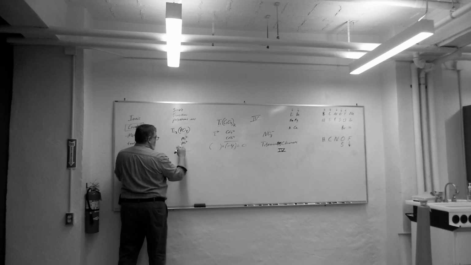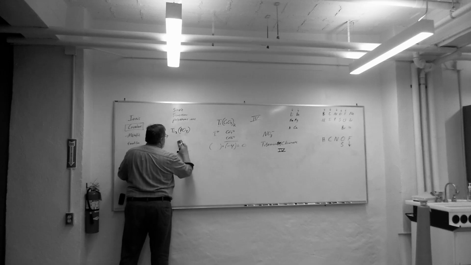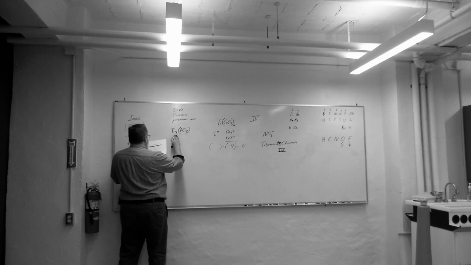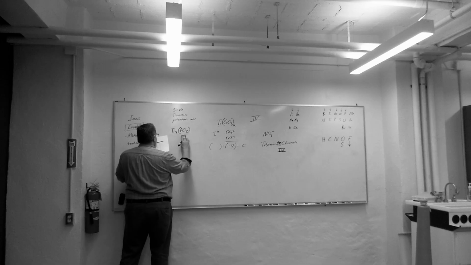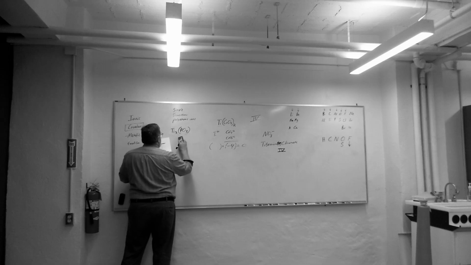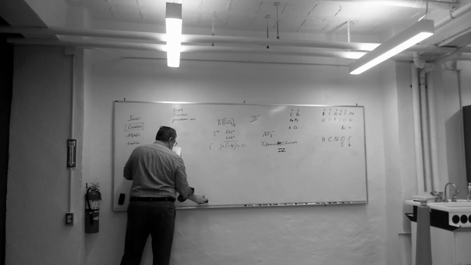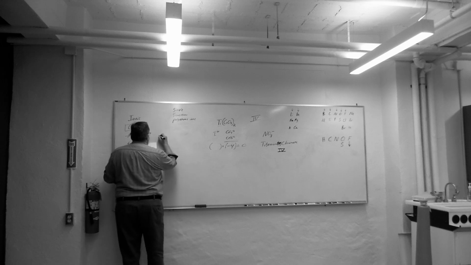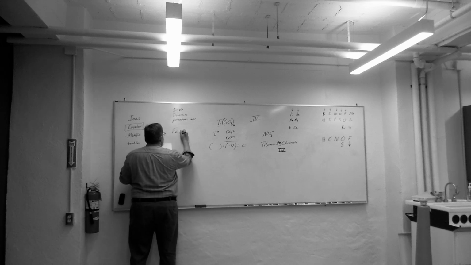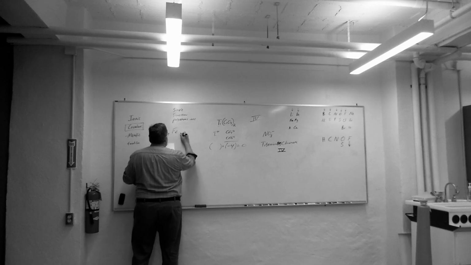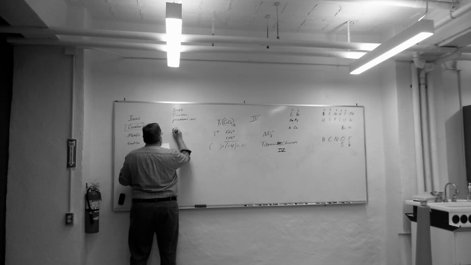I'm trying to do one where we have two of those. Hold on. I'll just go back to an example I used the other day. So iron is a transition metal.